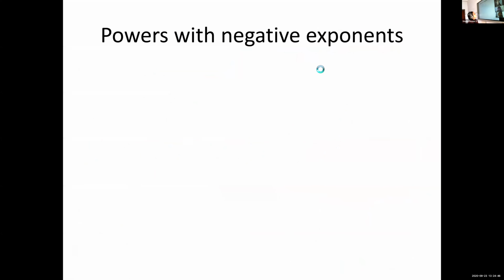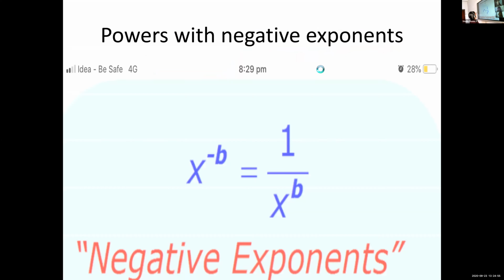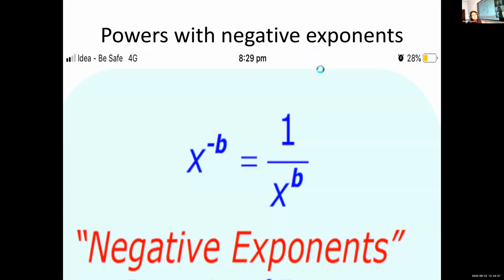Now, powers with negative exponent. It is an important topic. What can we do when x power is a negative number? X raised to negative b equal to 1 by x raised to b. Abid, read.